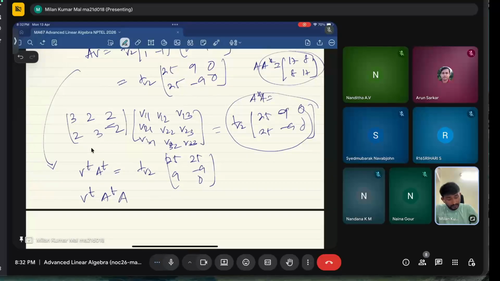So I can multiply A from this side and I will get 1 by square root of 2, 25.